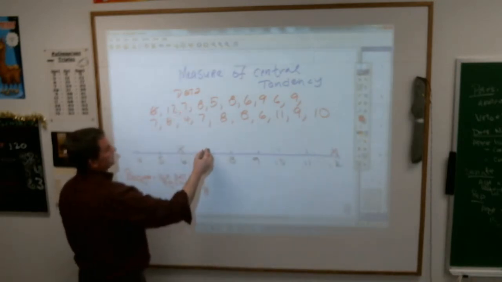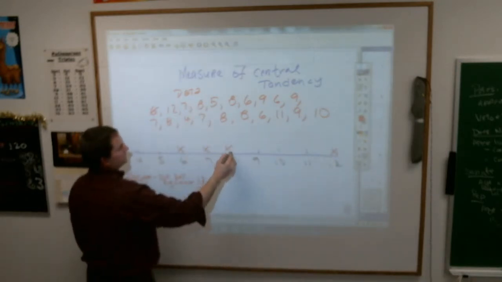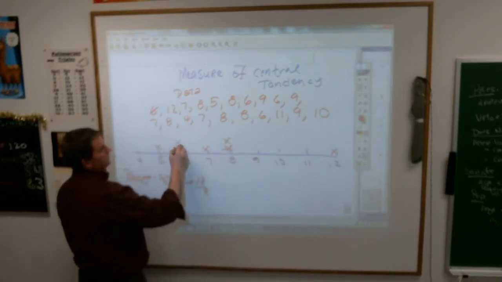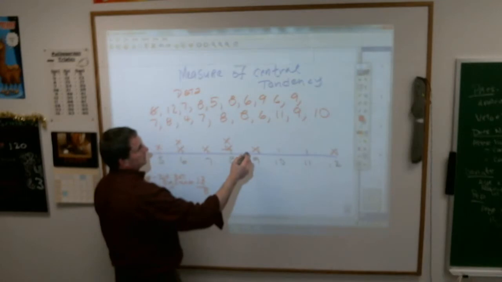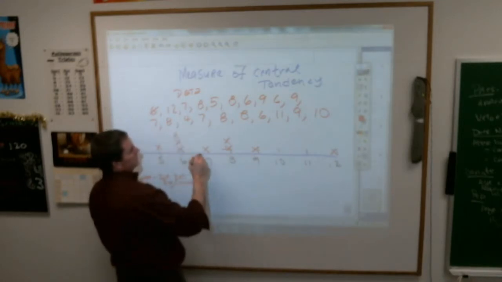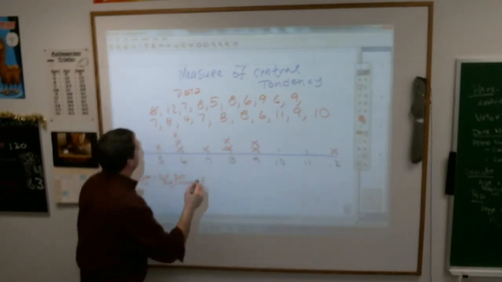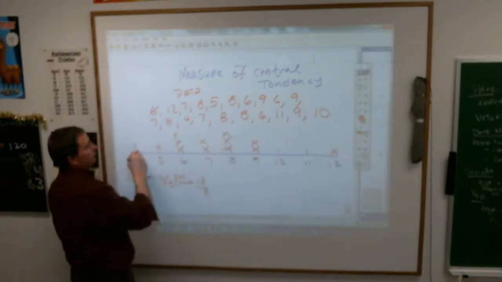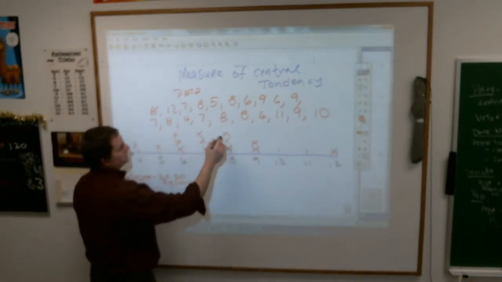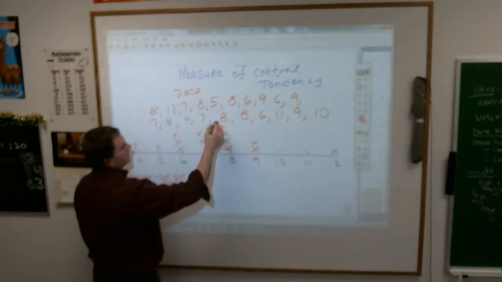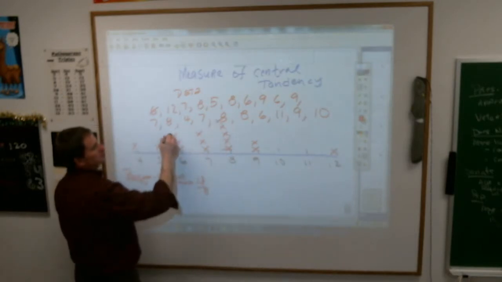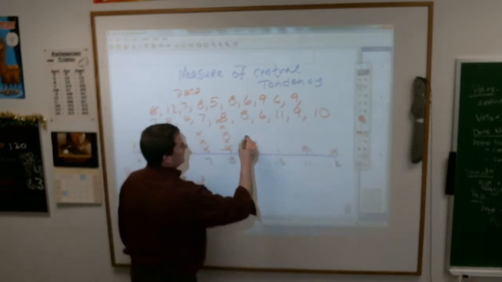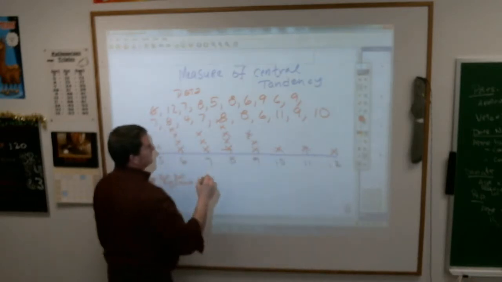I have a 7, an 8, a 5, an 8, a 6, a 9, a 6, a 9, a 7, 8, 4, 7, 8, 8, 6, 11, 9, and 10.